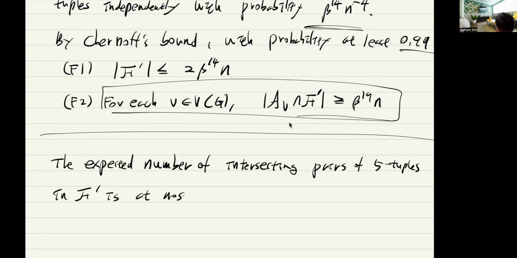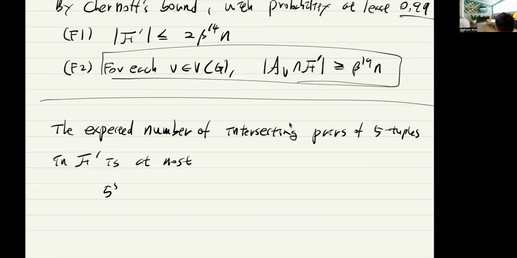At most, there are n^5 many 5-tuples, and you choose one of them.